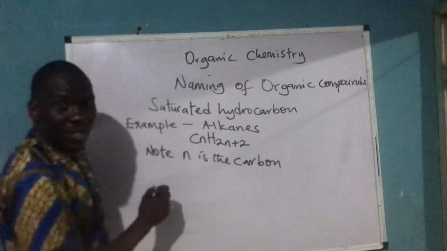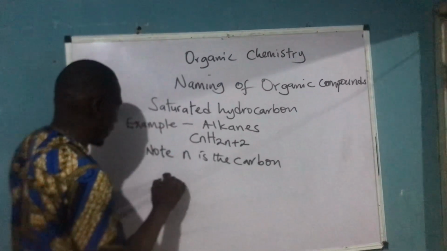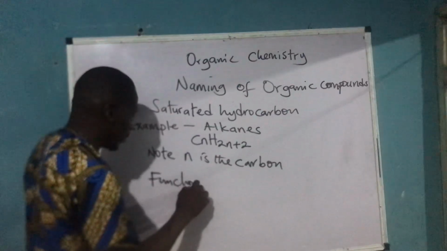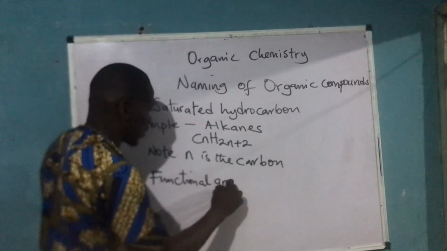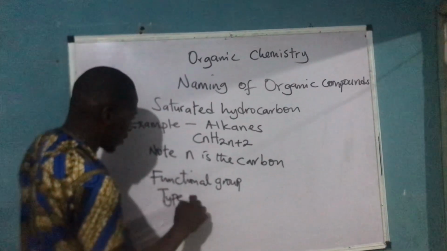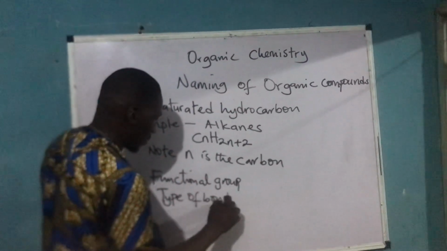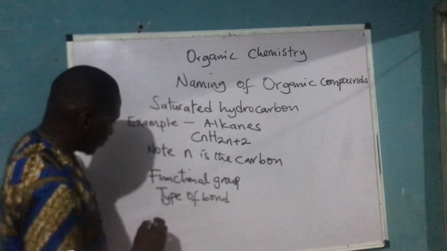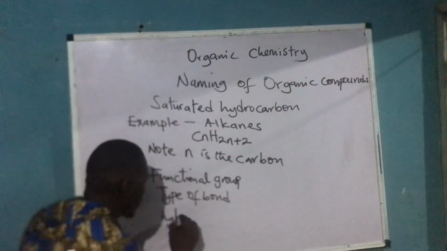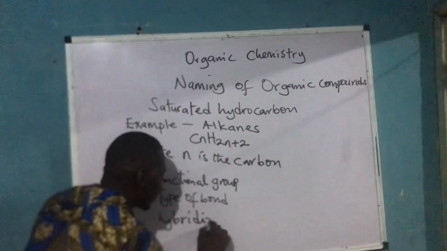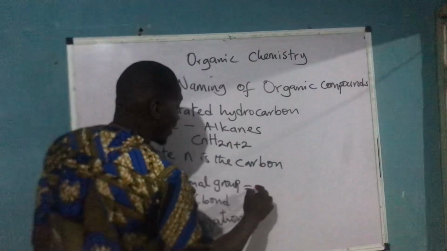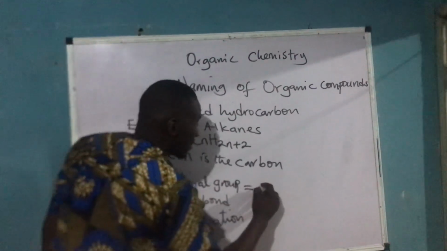Many things students don't know is, number one, the functional group, the type of bond, and the hybridization. The functional group present in an alkane is the single bond.